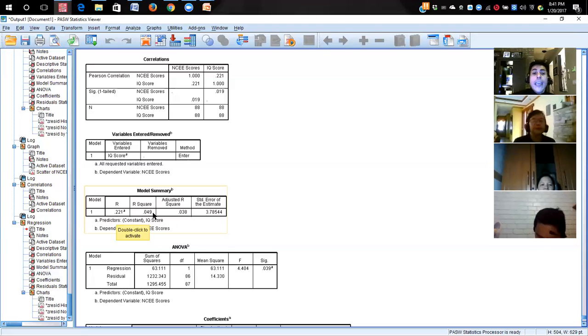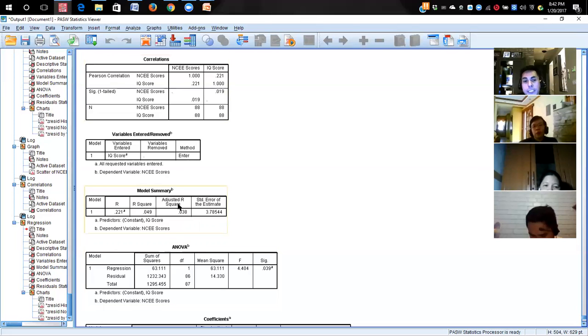4.9% is what it accounts for in terms of the shared variance between the independent variable and the dependent variable. Your adjusted R-squared is 3.8%. That's slightly lower than your R-square. That's because the N, or the sample size here that I plugged in, is 88.